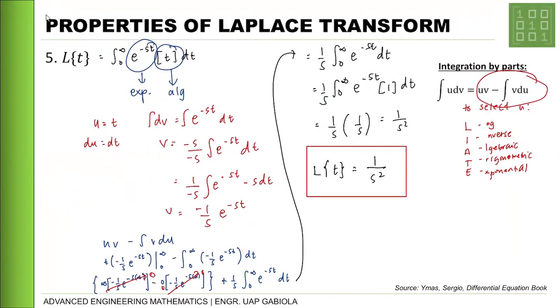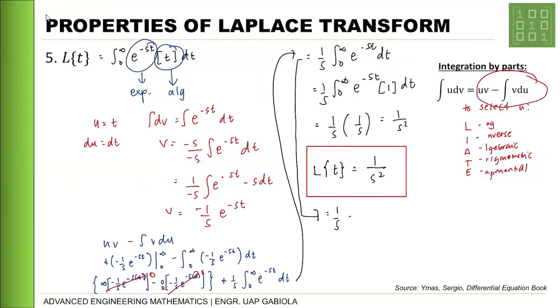So, let us try another one. What if our t is raised to a different exponent, no? So here, let us try this first. What if we do not know L of 1, no? So, 1 over s, and then we need to satisfy what is inside, okay?